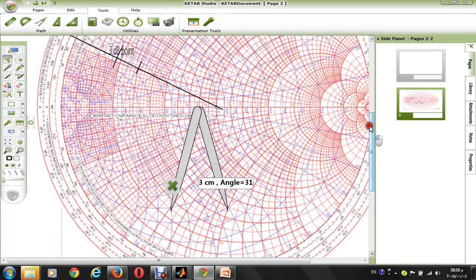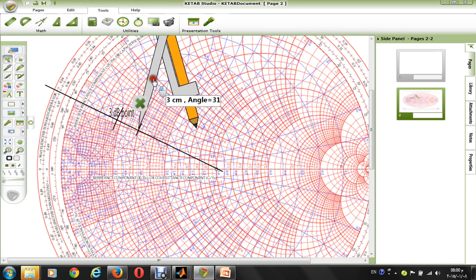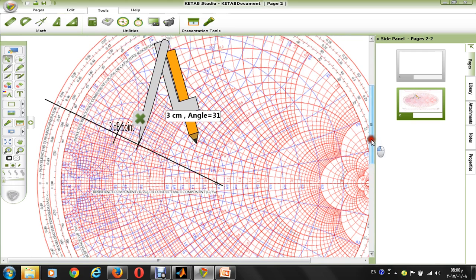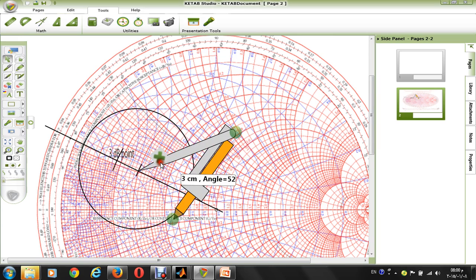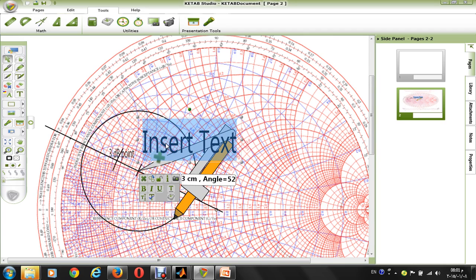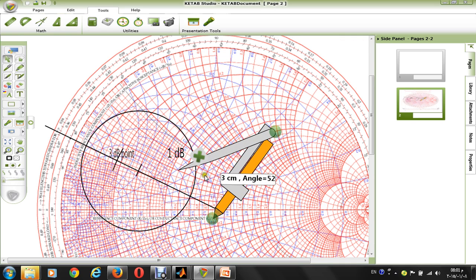Now I go to the point I marked here and I draw the first constant gain circle. Okay, this is the 1 dB.